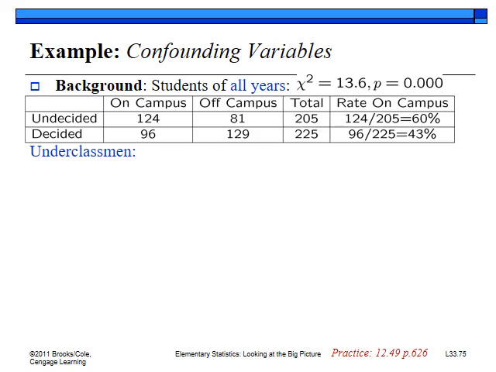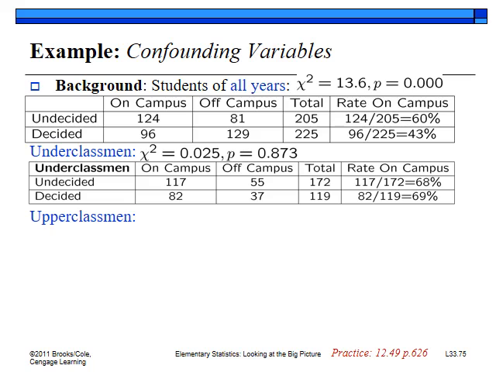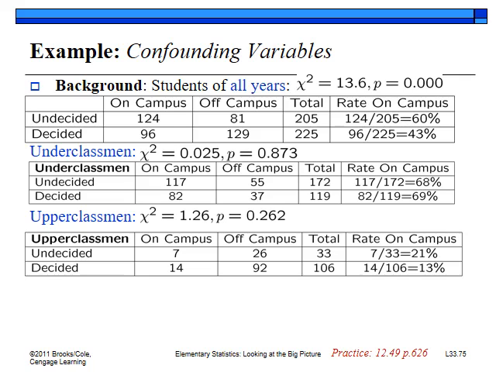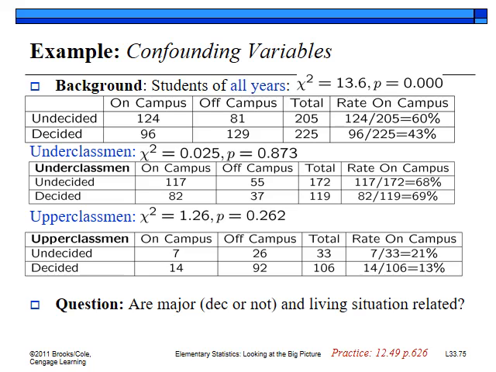But if we break this down by underclassmen and upperclassmen, notice the difference. Underclassmen are much more likely to live on campus. Upperclassmen are much more likely to live off campus. Look at those chi-square statistics and look at those p-values. So do you really think that decided or undecided is related to living situation?